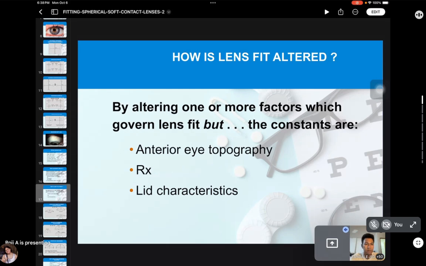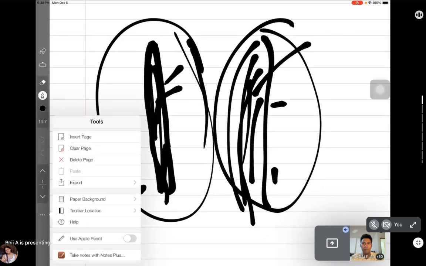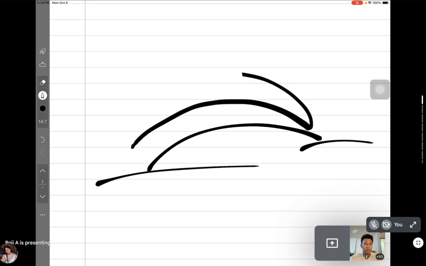Now as for altering, meaning you want to change, there's only two things I can tell you when it comes to changing the fit. If this is your cornea and this is your fit, if it's steep, as we can see, if it's tight, because the greater the sag height, the tighter it is, or the steeper the fit.